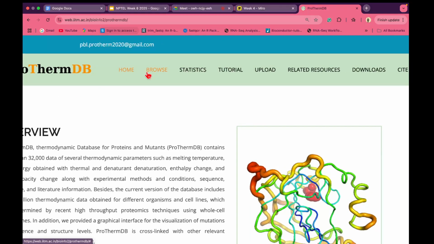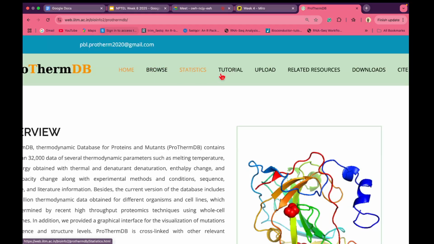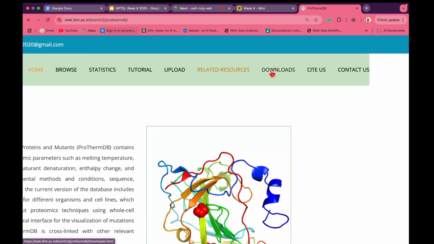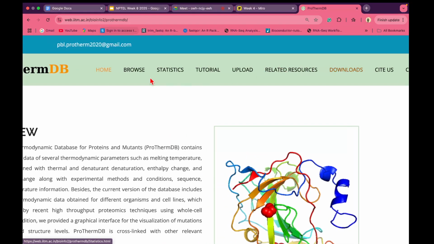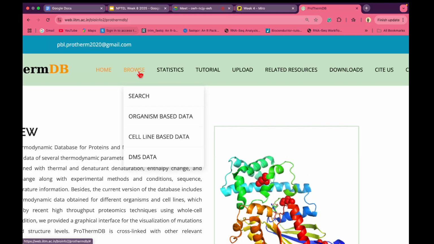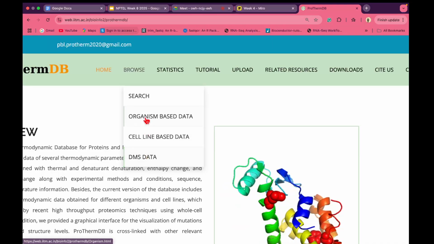The home page has options for home, browse, statistics, tutorial, upload new data, related resources, downloads and other contact and site information. If we click on browse, we have four types of search options available. That is simple search, organism based data, cell line based data and newly added DMS data.